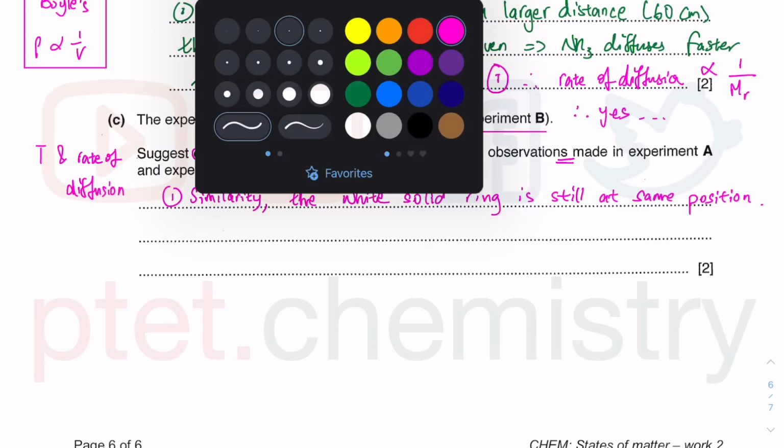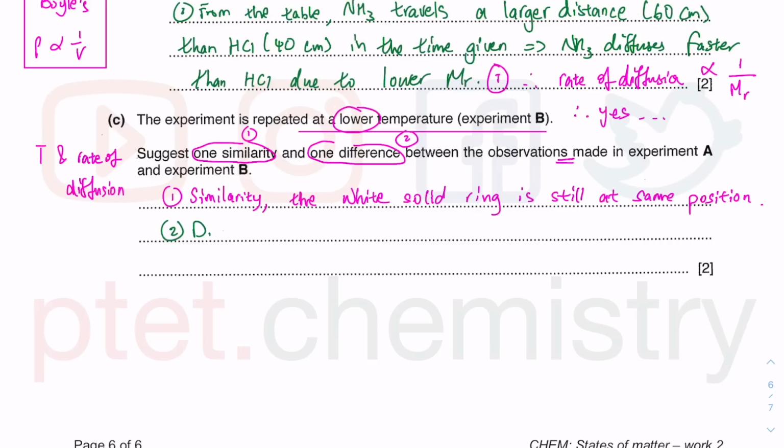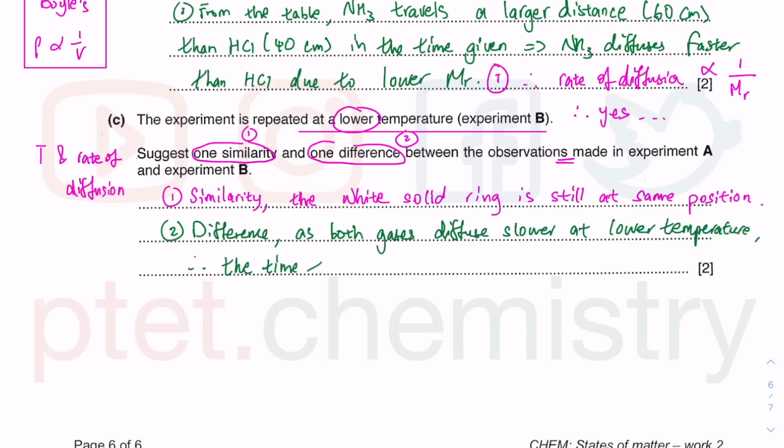In terms of difference, what did I say about the difference? The time taken. As both gases are diffusing slower, they're not asking for reason actually. So as both gases diffuse slower at lower temperature, this is experiment B, the time taken for the ring of white solid to form will be longer.